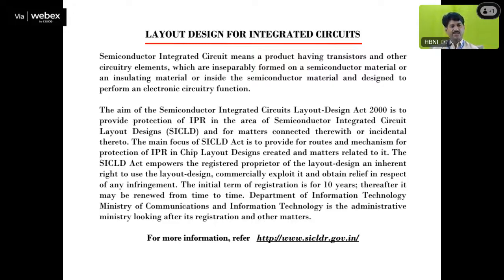The main focus of the SICLD Act is to provide the routes and mechanisms for the protection of IPR in chip layout design created and matters related to it.